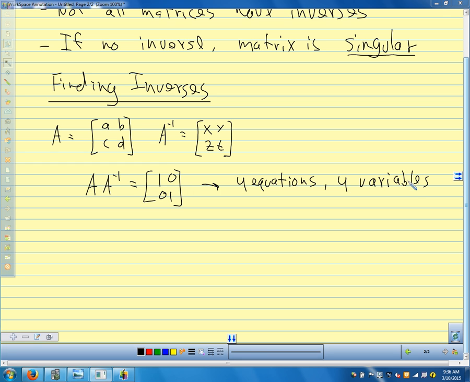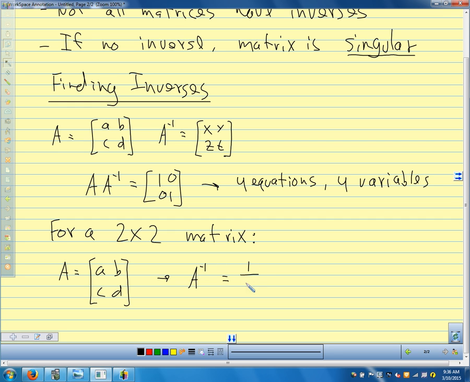If A is the matrix A, B, C, D, the pattern that mathematicians found was that the inverse is 1 over the determinant of A times the matrix I get when I switch these two and change the sign on these two. And that's all I have to do to find the inverse of a 2 by 2.